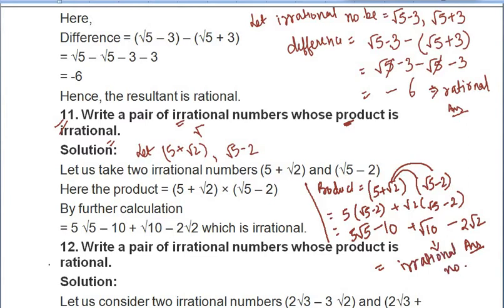Okay, now question number 12. In question number 12 it is saying write a pair of irrational numbers whose product is a rational number. Means you have to write numbers which consist of an under root and the answer should not consist of any under root. So let us consider such numbers.